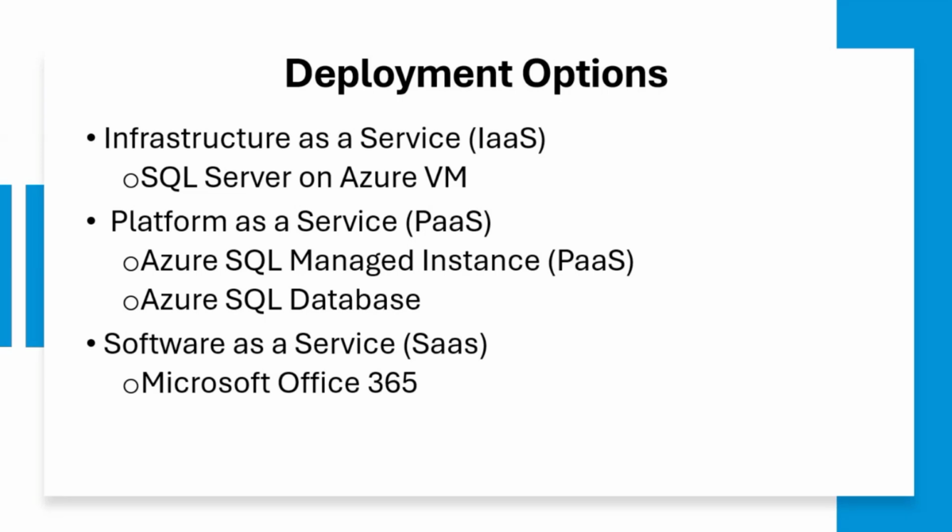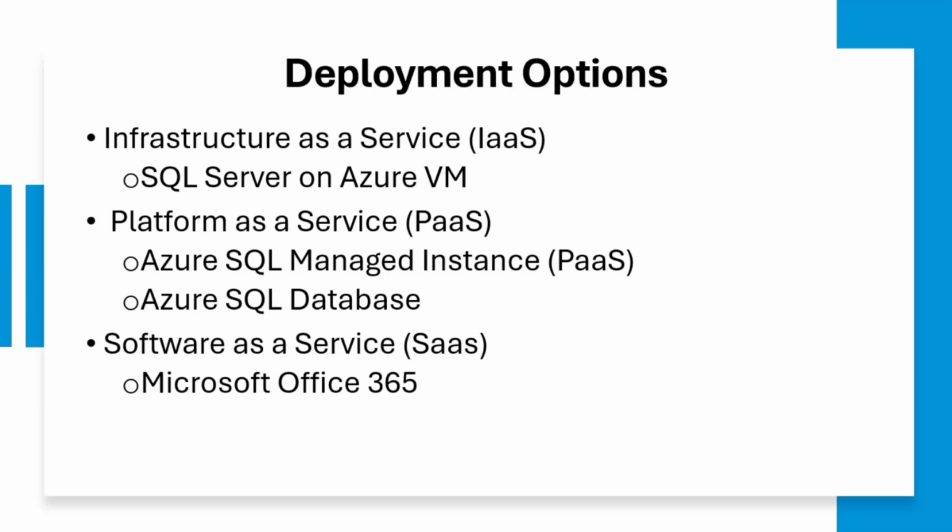With infrastructure as a service, Azure provides you the basic computing, like virtual machine, networking and storage, where you have to manage the OS, applications, runtime, and any patches, that is, maintenance. SQL Server Virtual Machine is one such example which comes under the infrastructure as a service model.